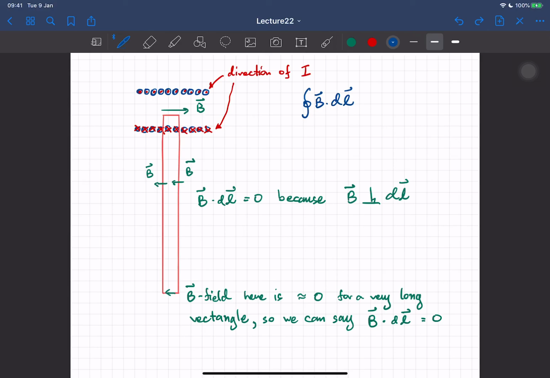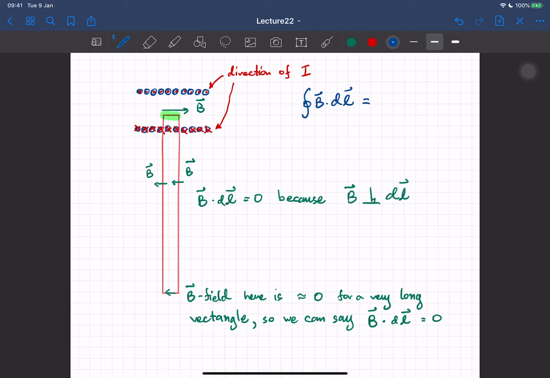It's 90 degrees. So the only section that gives me non-zero B dot dl is the one inside the coil, which is here, right? So now you see why I set up the rectangular path to look like this. Because then the only thing that survives and gives me non-zero B dot dl is just this tiny green section here. And the magnetic field is also uniform, so the magnitude and direction are constant.